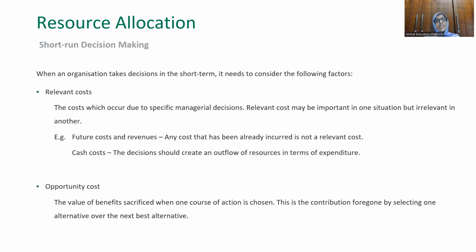So when there are many alternatives, the opportunity cost is the cost of the next best alternative, because it shows us the benefit that we sacrifice by taking one course of action instead of the other. So those are the two things considered in short-run decision making while resource allocation is done.